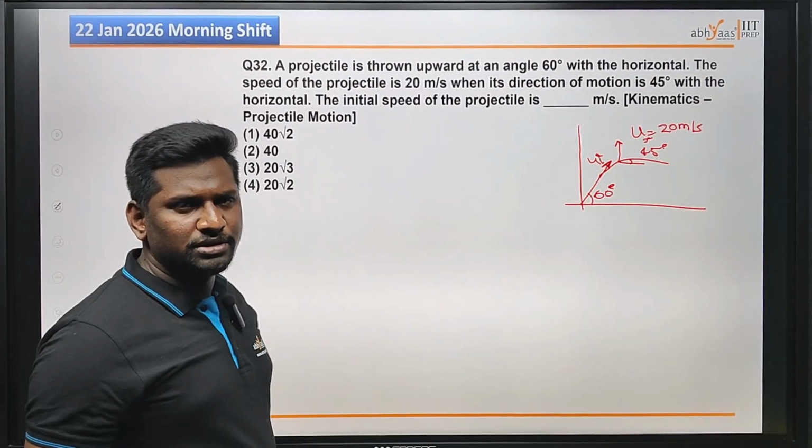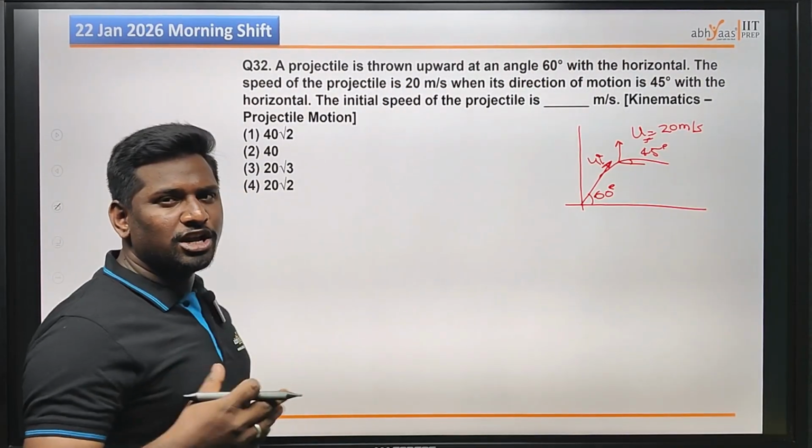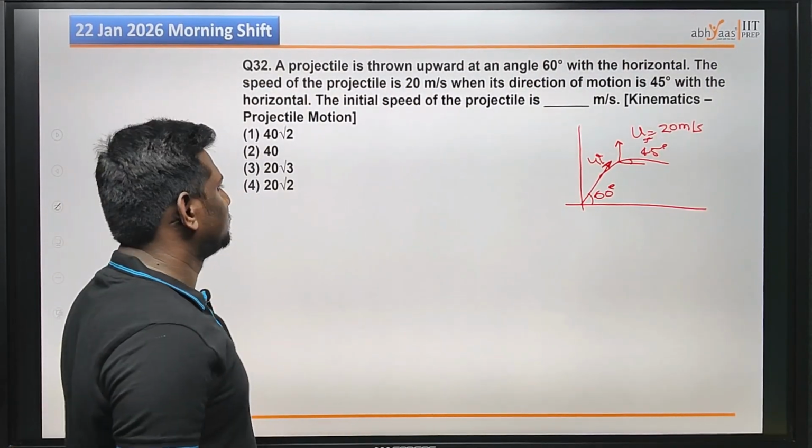In horizontal motion, the horizontal components of velocity are constant.